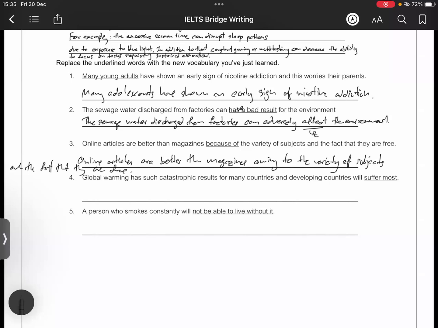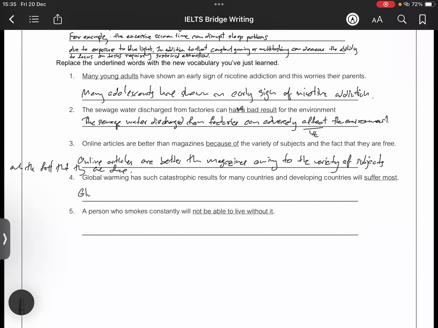Last one, global warming has such catastrophic results for many countries, and developing countries will suffer the most. So I know that on the previous page, we could use take the most damage.